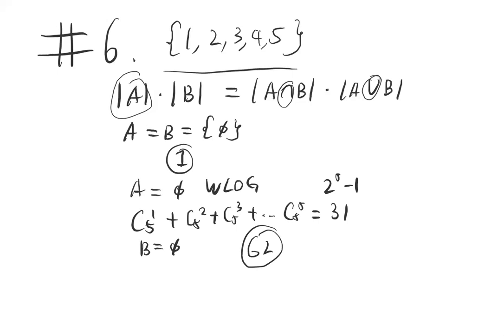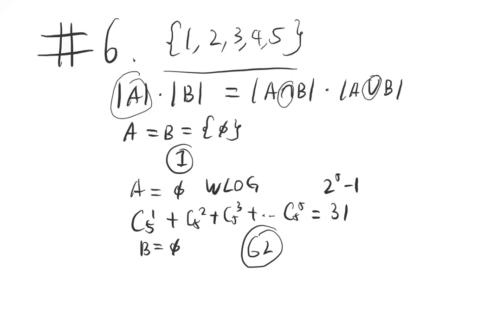Now let's move on to some other cases. Another case that can happen is when A and B are completely equal subsets. So what happens is the intersection of A and B is completely the same as the union, and also the same as A and B themselves.